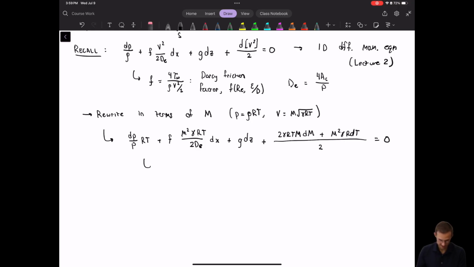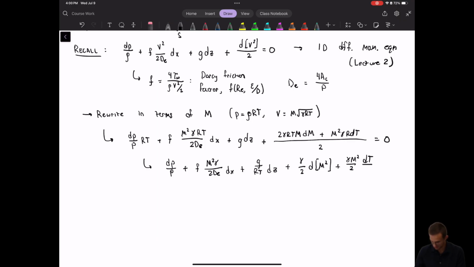We can further simplify this to dP over P plus f M squared gamma over 2 d_e dx plus g over RT dz plus gamma over 2 d applied to M squared plus gamma M squared over 2 dT over T equals 0. Let's label this equation with a star, because we'll come back to it.